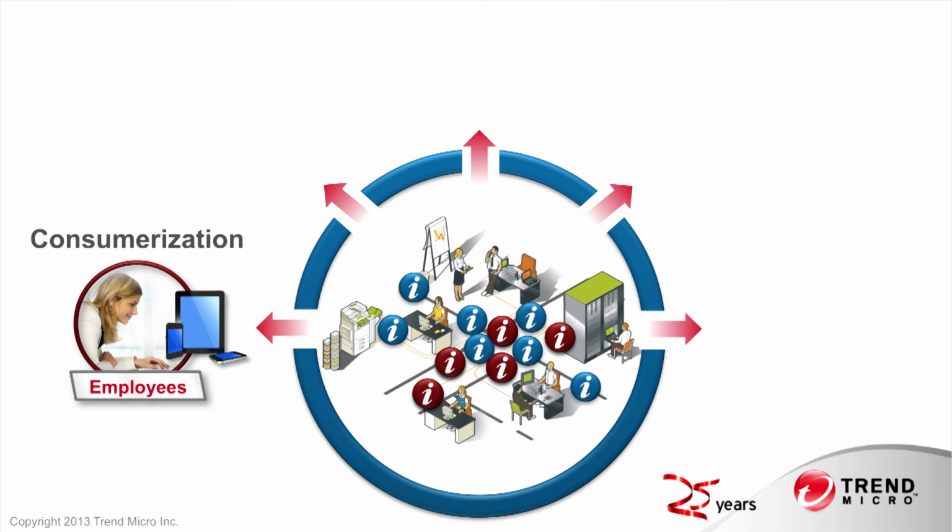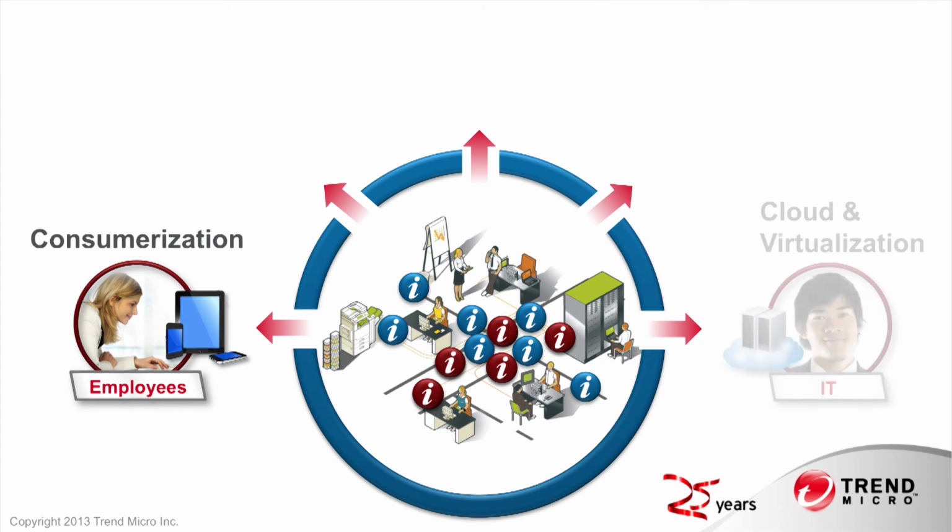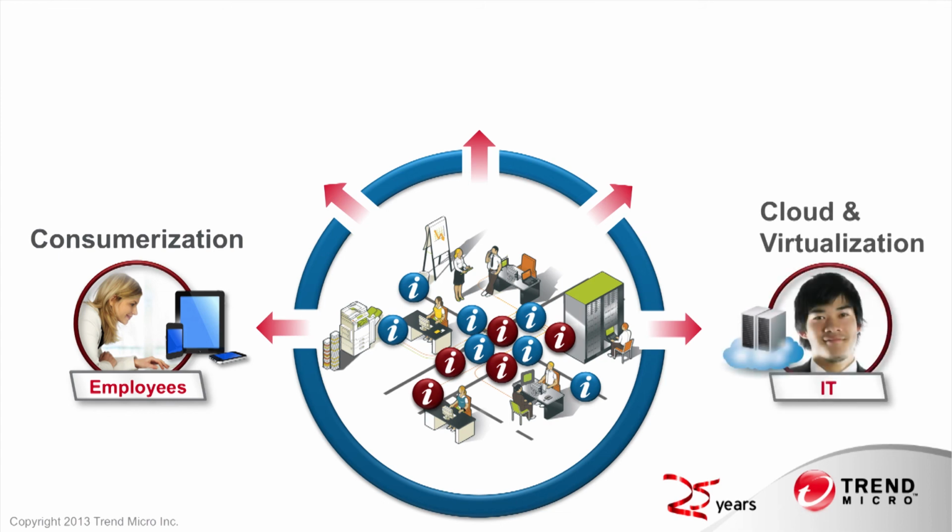That is putting sensitive information at risk, effectively punching a hole through that protection that you have around your information. At the same time, IT is leveraging new and emerging technologies like cloud and virtualization, which is also putting sensitive information at risk.